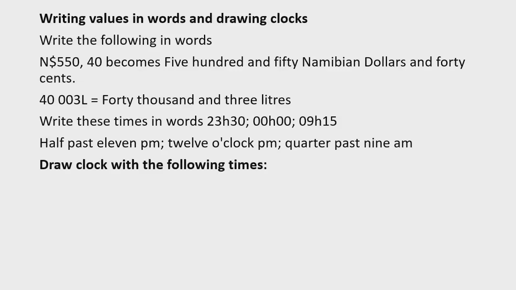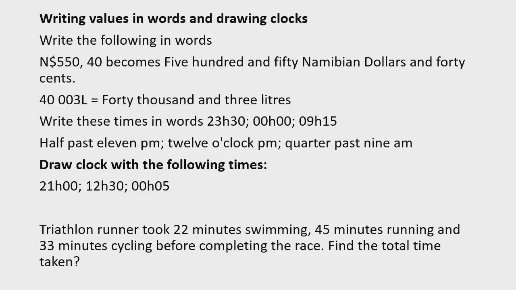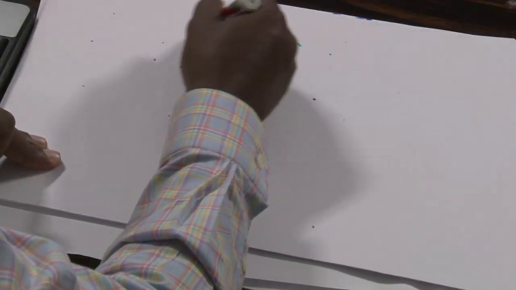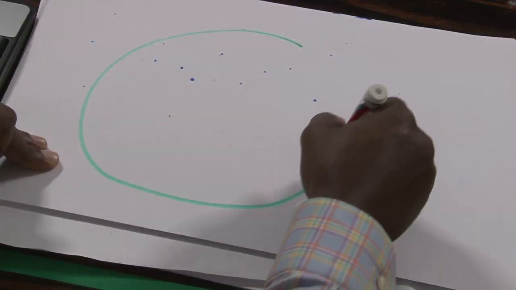Now the next thing is that you are required to draw clocks. For example, you need to draw a clock for 21 hours or 12:30 or 0005. Many students struggle to do this drawing. It's very, very important, and I wanted to show you how to draw this clock quickly. The very first thing is you need to draw a circle.